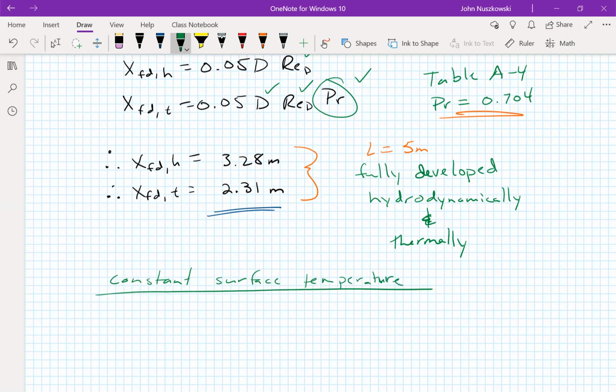Okay, so for those three different conditions, we were able to develop equations in our slides, for the outlet. Let me write this in black.